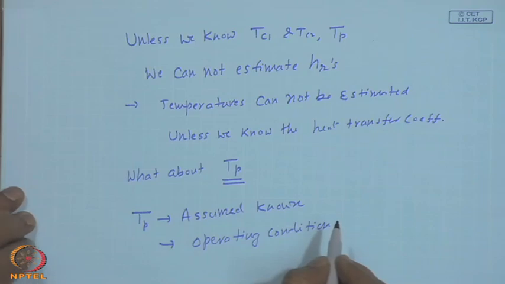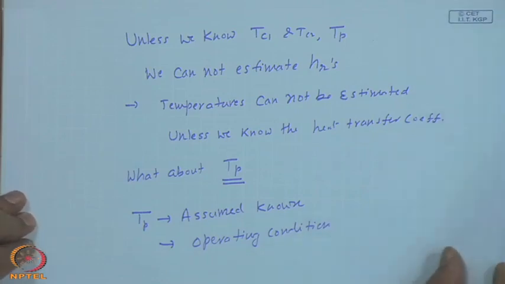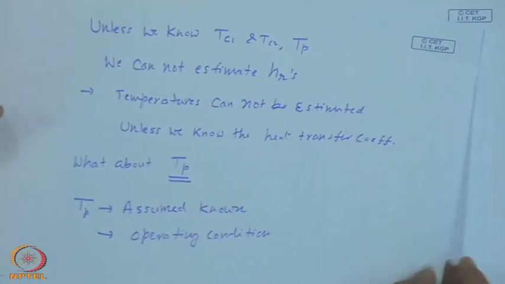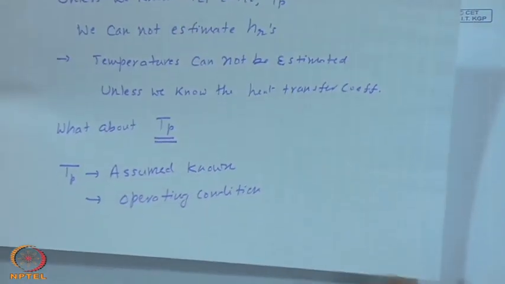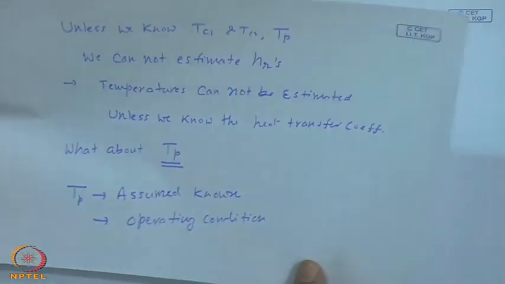So, if a solar collector is operating to deliver energy at a certain temperature, we will be having that temperature to be the corresponding plate temperature, which will depend upon the internal resistances, which we need to know the theory.